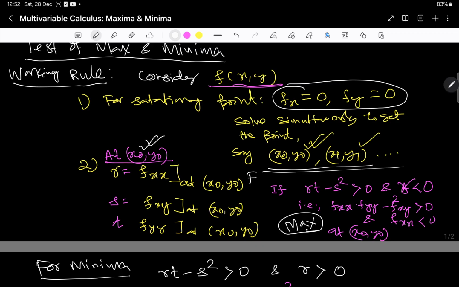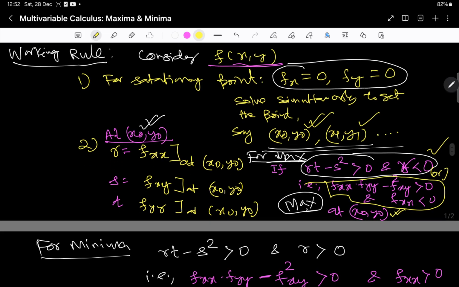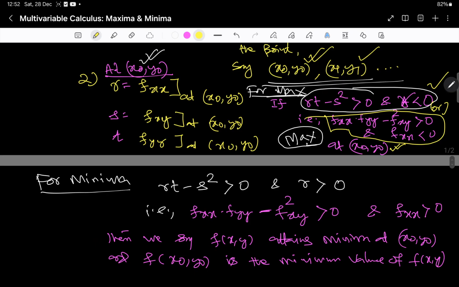Now for maxima, we need rt minus s square to be positive as well as r negative, and this is the same thing as this. We may write it in this way or in this way, right? Then we say that x0 y0 is a point of maxima and f of x0 y0 is the maximum value.